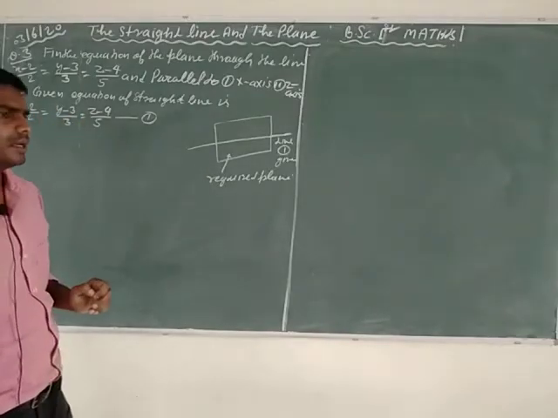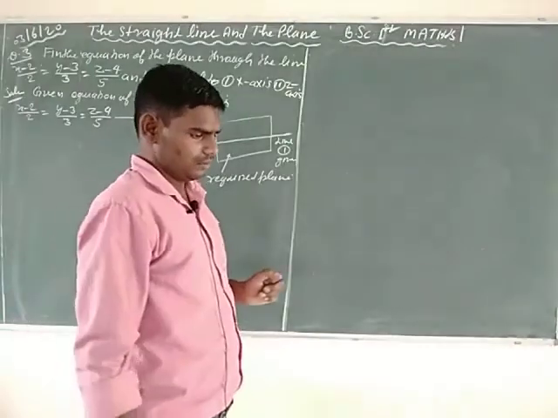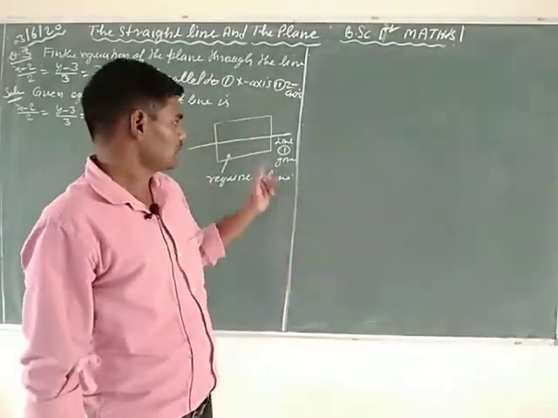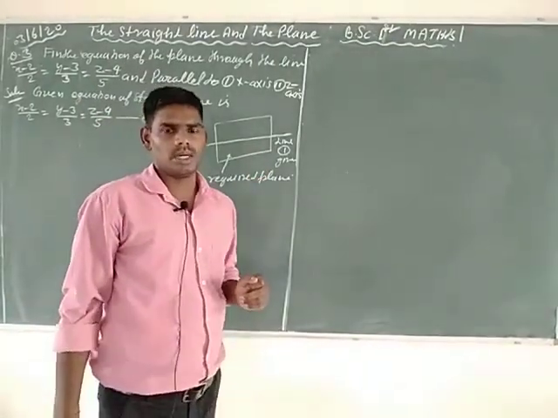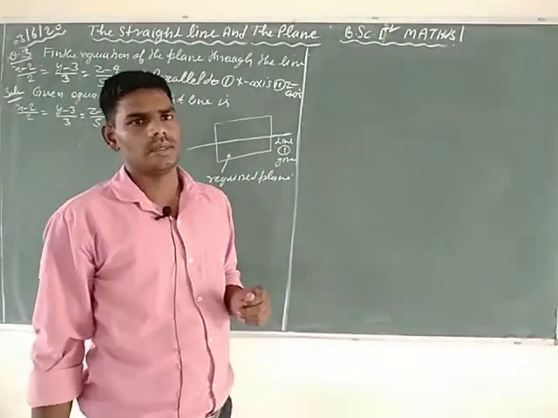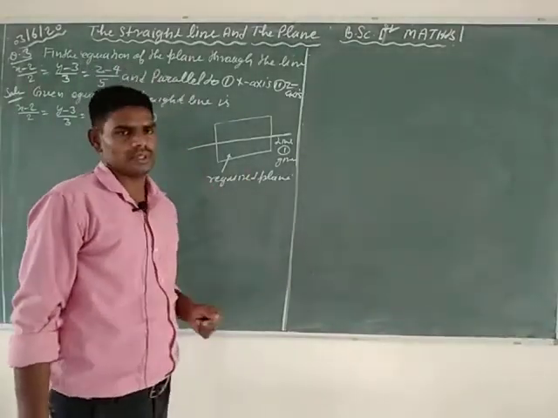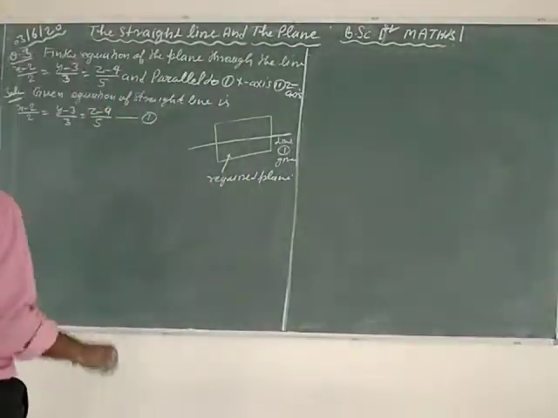Suppose the direction ratios of the normal to this required plane are small a, b, c. Then you can write the general equation of the plane.